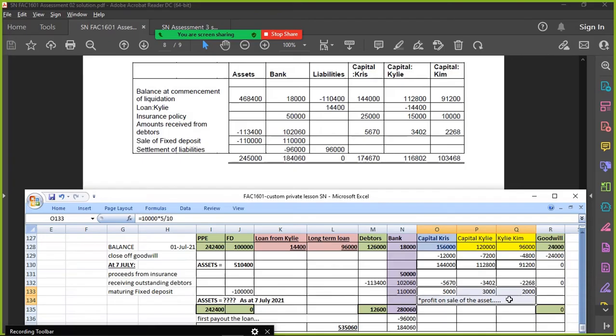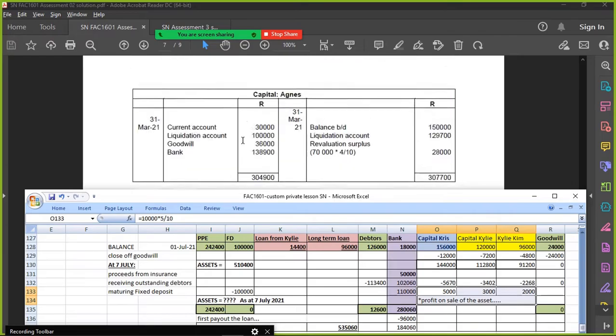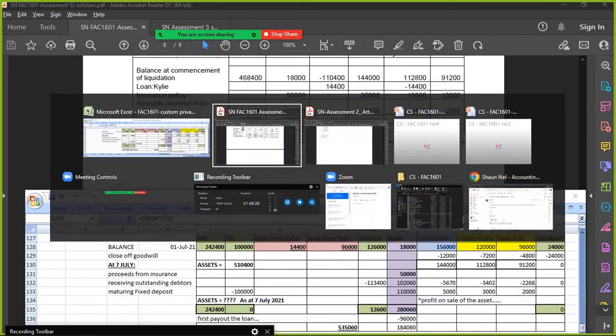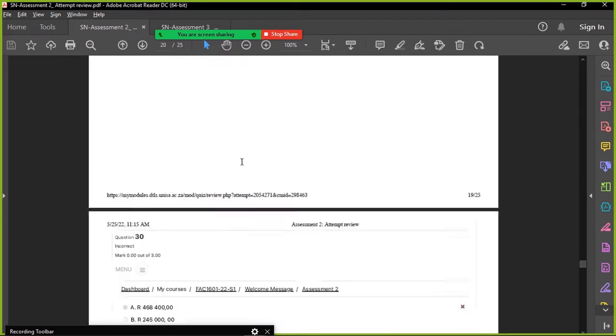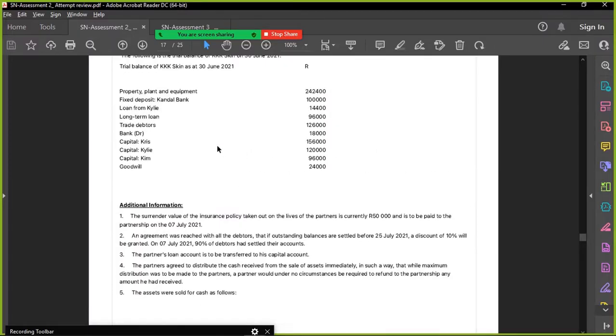So for example, even if you had to go look at your textbook or your study guide, and look at some of the examples, when there's a profit, when there's a disparity between the value of the asset, because let's go back to the question. Where is it? Here. The question, what was the balance? The balance was 100, right? Yeah, the balance was 100.